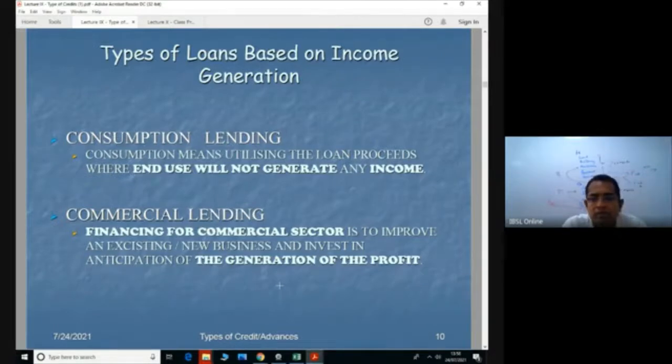If you are using a loan to buy a personal vehicle, it does not generate money. Commercial lending is when the end use of the money generates money to repay the loan.